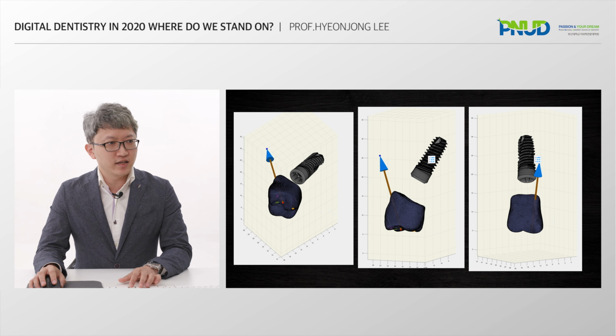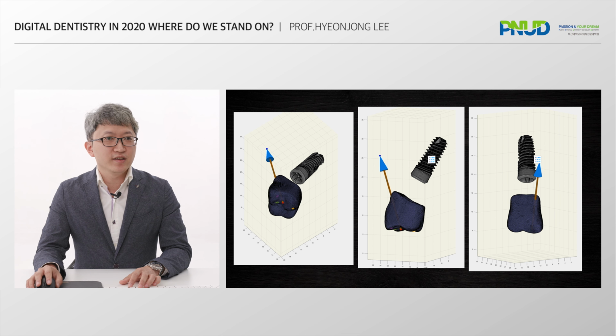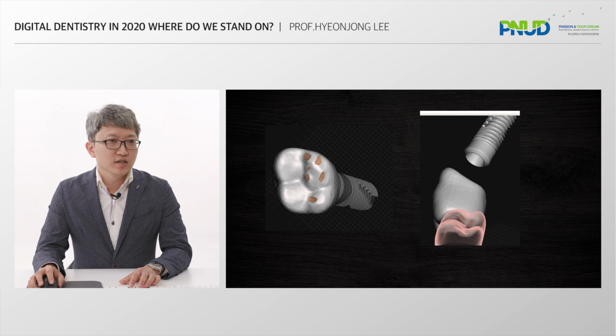I analyzed this, and I found out that the direction of the mean vector is really buccally distorted. The mean vector is directed buccally, and it seems to generate a huge amount of torque and stress. So I redesigned a bit and analyzed once more.